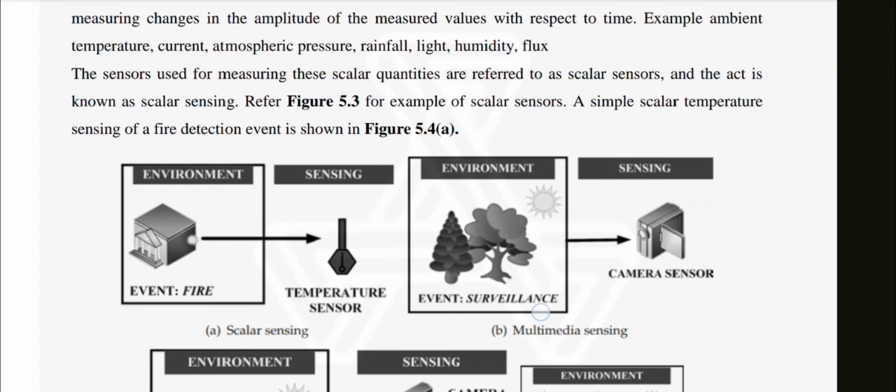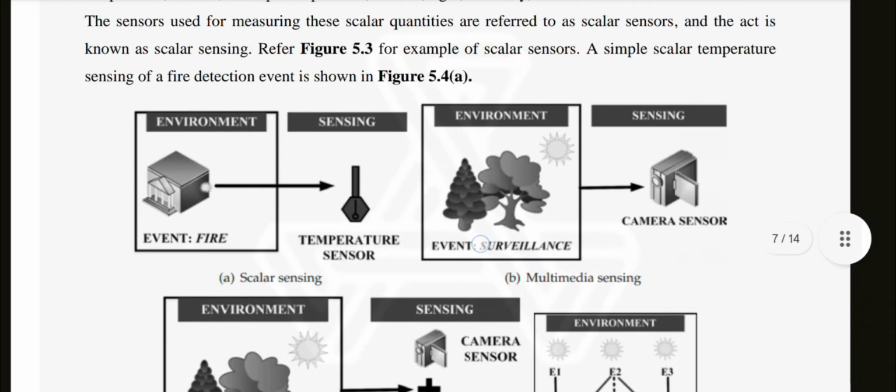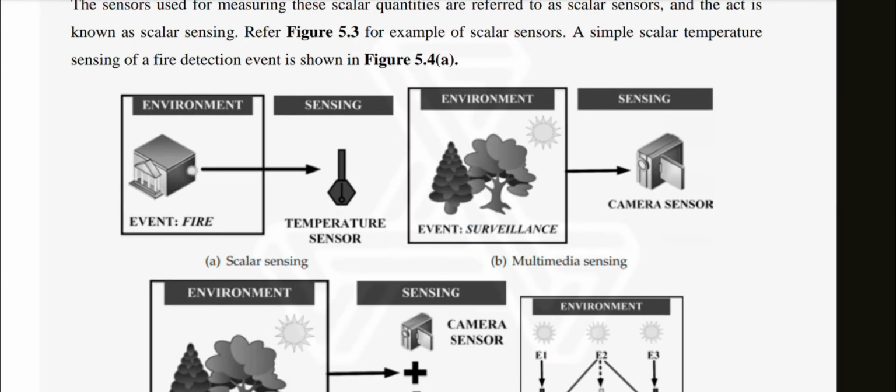A simple scalar temperature sensing example: the environment event is a fire happening, so the sensing is a temperature sensor. This is scalar sensing. Multimedia sensing: the event is surveillance, the environment sensing is a camera sensor.